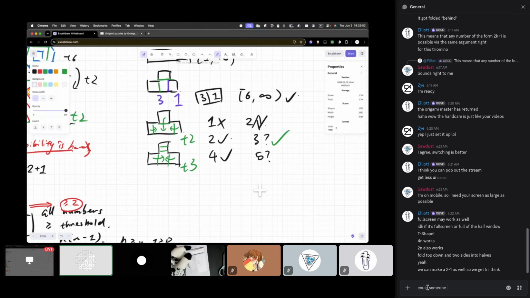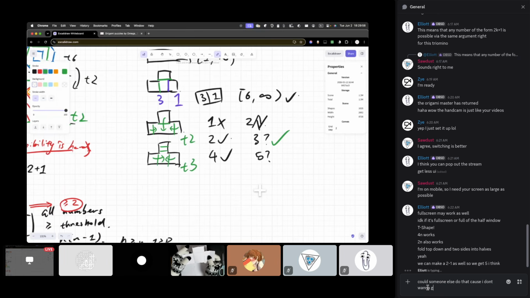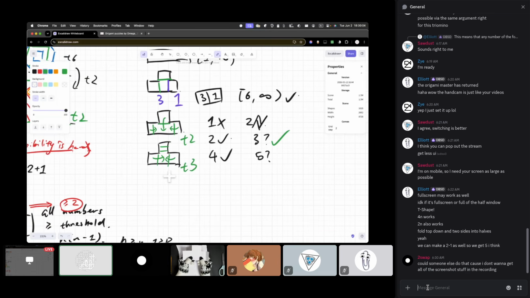We can make a 2-1 as well, so we get 5. Explain how that works. So thickness 3 is you fold it into a 1-3, and then the 3-1 will not only give you 6 and upwards, it'll also give you specific values like 3.